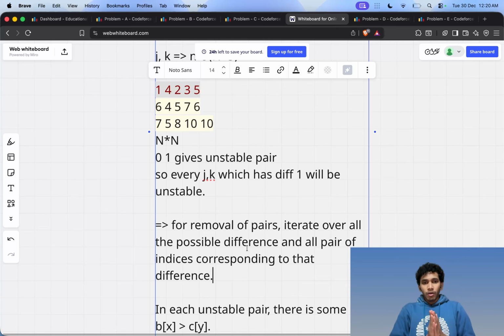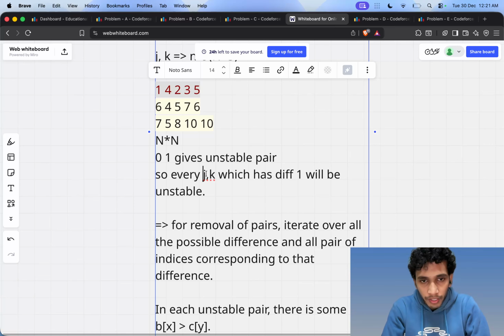Now, if this particular pair is unstable, just remove all the corresponding unstable j comma k from our consideration.